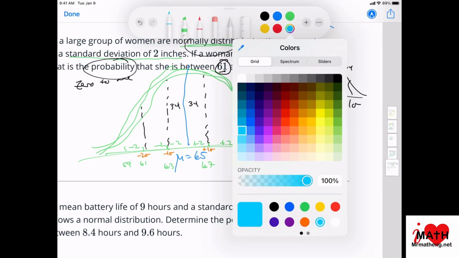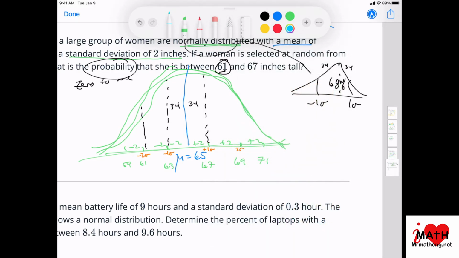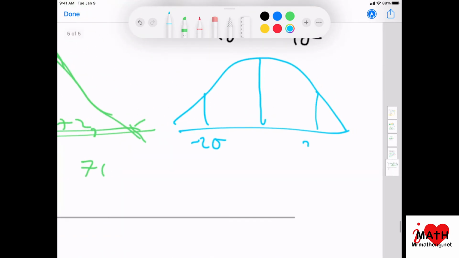If I do 2 standard deviations away, that's the center, 2 below, 2 above. We would say the whole distance is 95%. And half of 95 is 47.5%.